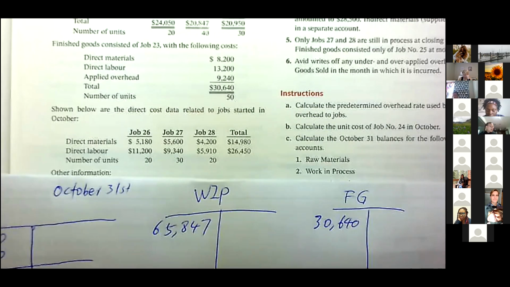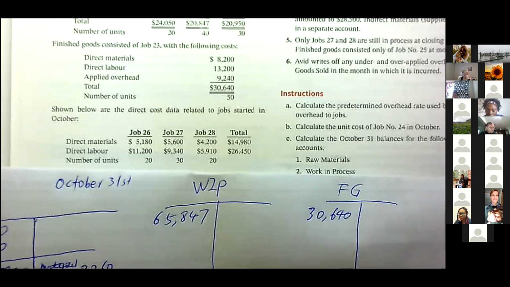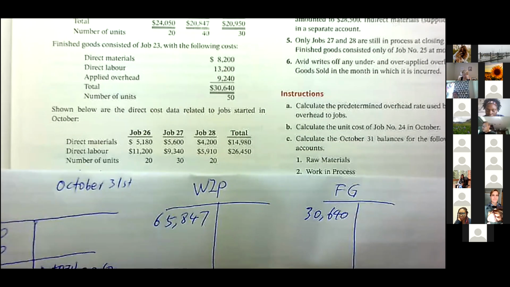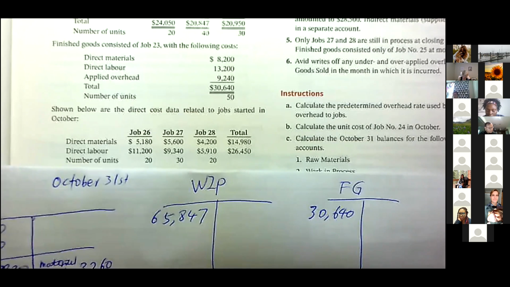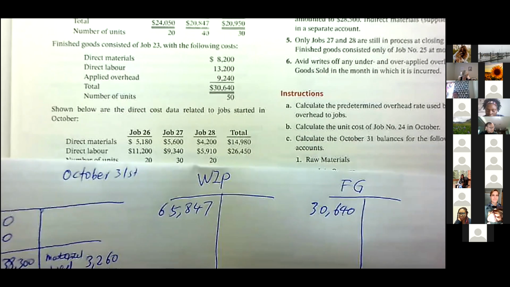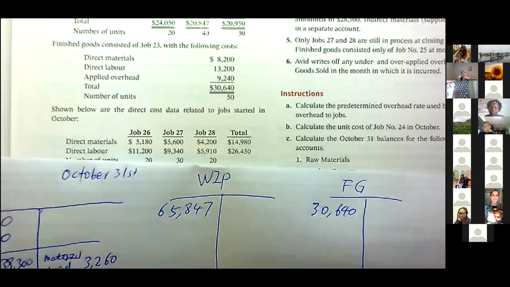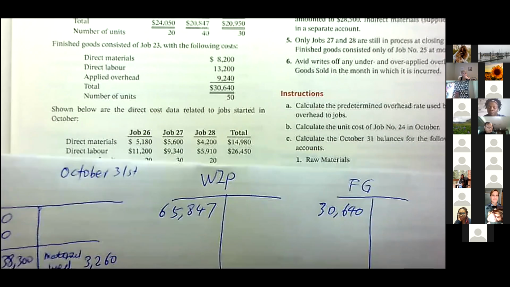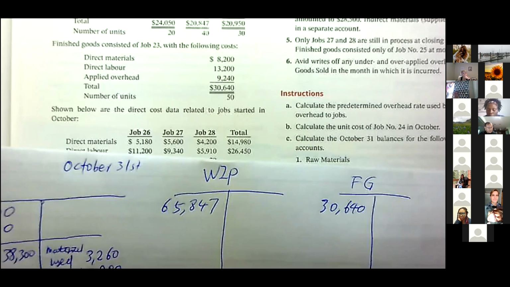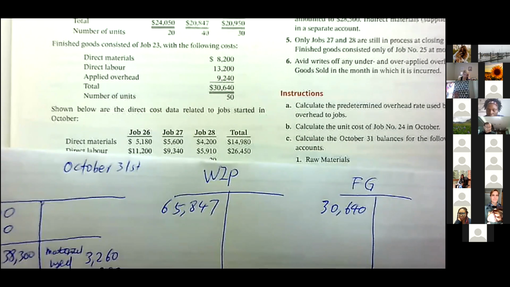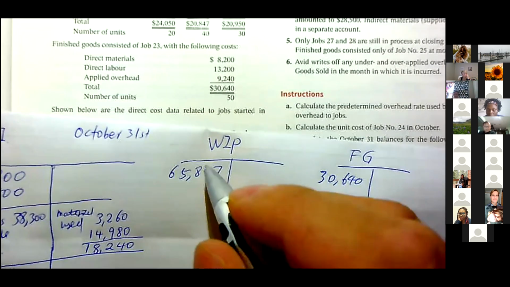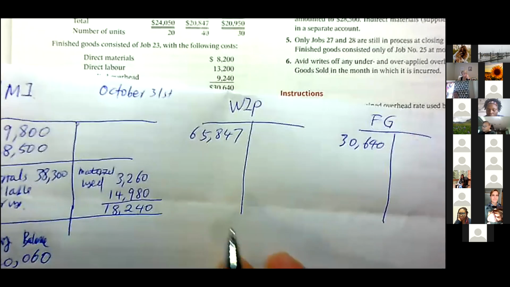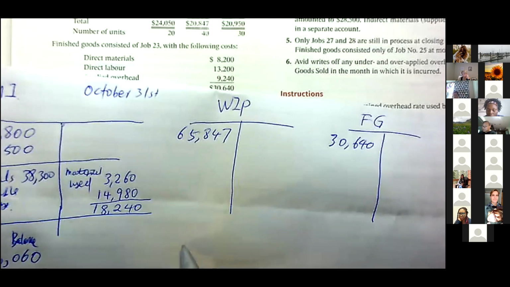So now let's do the work in process inventory, right? What are we going to do with this? In October, what jobs do we have left? Job 27 and job 28. Very good. Okay, I will do it this way.